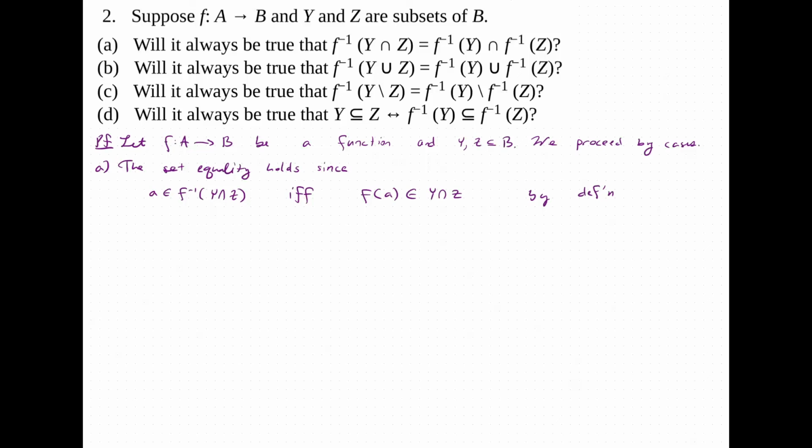But then, by definition of inverse image, and by definition of intersection, we have f of A is in y, and f of A is in z. So once again, definition of intersection. But now, definition of inverse image once more tells us that A is in the inverse image of y and the inverse image of z.